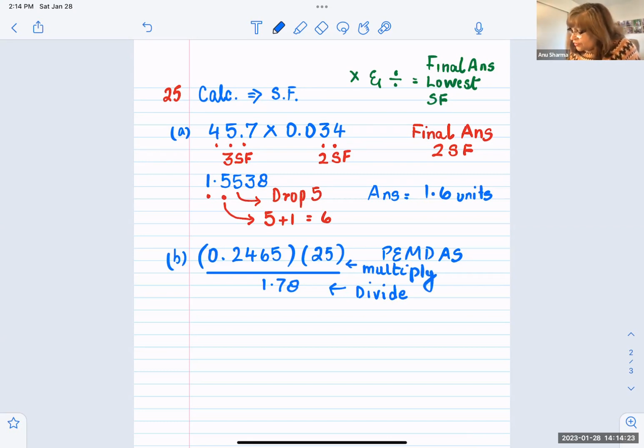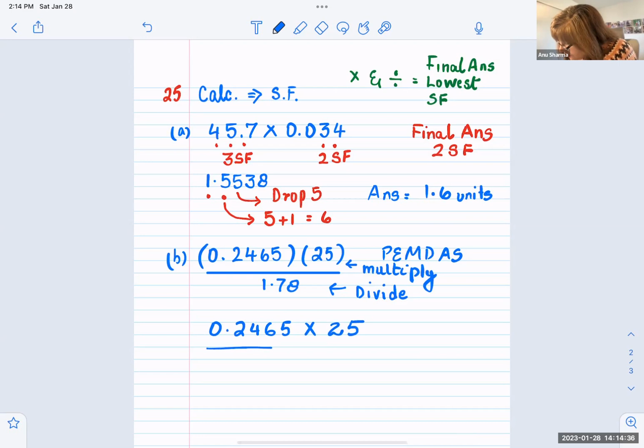Here's another thing. Let's count the significant figures first of all. Let me write this again: 0.2465 multiplied by 25, and then divided by 1.78. Here we are going to leave out the 25.